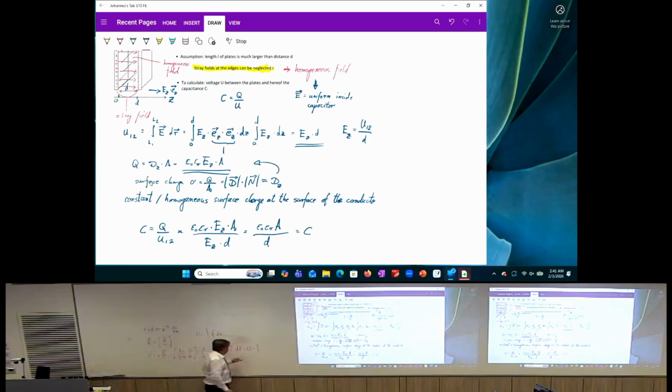But then on the right-hand side, we can equate that to a volume integral over a space charge density. But we can also, instead of a space charge density, work with a surface charge density.